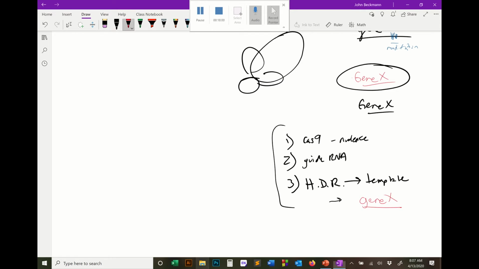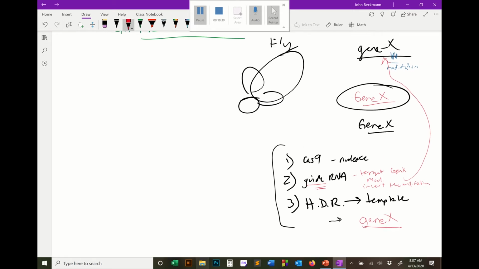Our guide RNA is going to have to target gene X to make that modification. So the guide RNA is going to be conveying the mod. It's going to be attacking the site where we want to insert the modification. So that homology would be built into that guide RNA targeting sequence, and it would match the site where we want to make the modification.